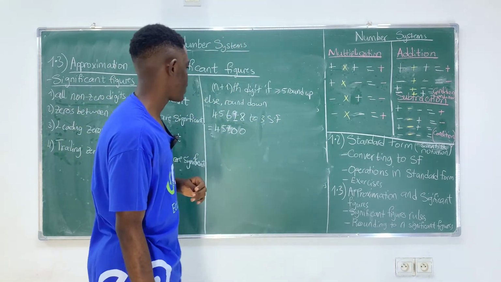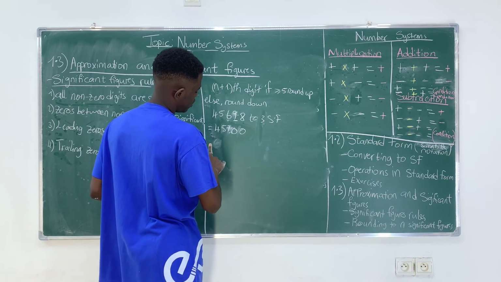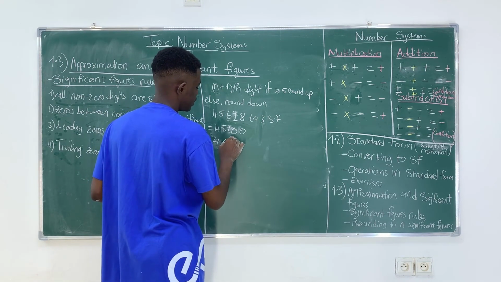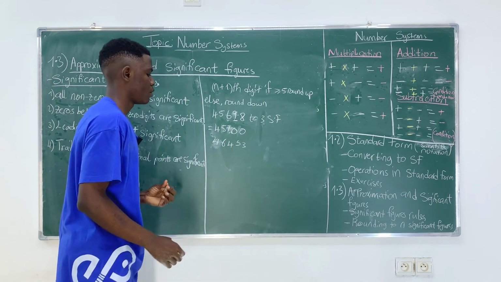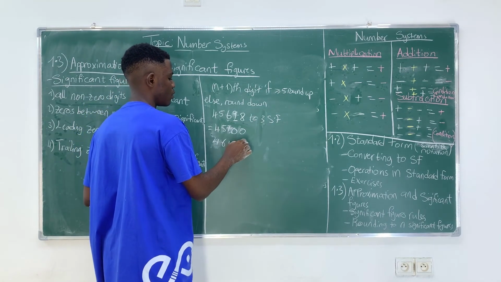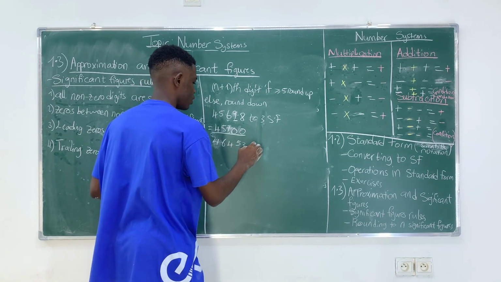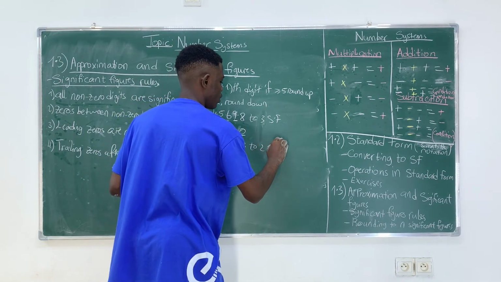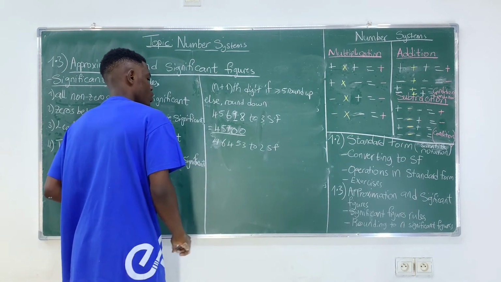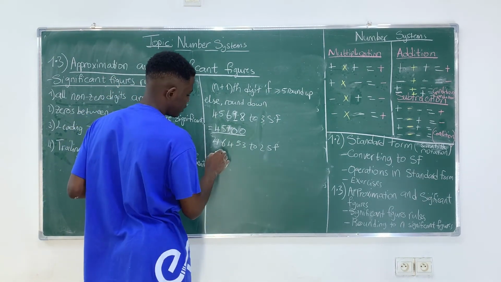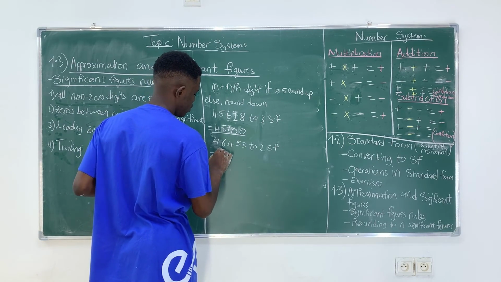Let us take another example. 4, 6, 4, 5, 3. Let us write this to two significant figures. So the first significant figure is 4.